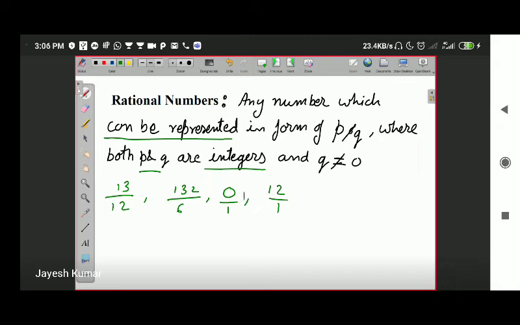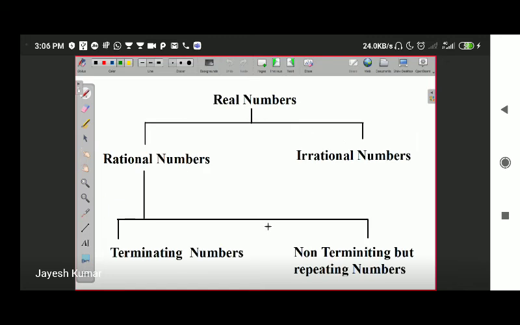After this, draw this table now. You have to draw this chart in your copy as well. This is a flow chart representing real numbers. We have two types of real numbers, rational numbers and irrational numbers. Rational numbers are in the form of p by q, q not equal to 0, as well as p and q are integers.